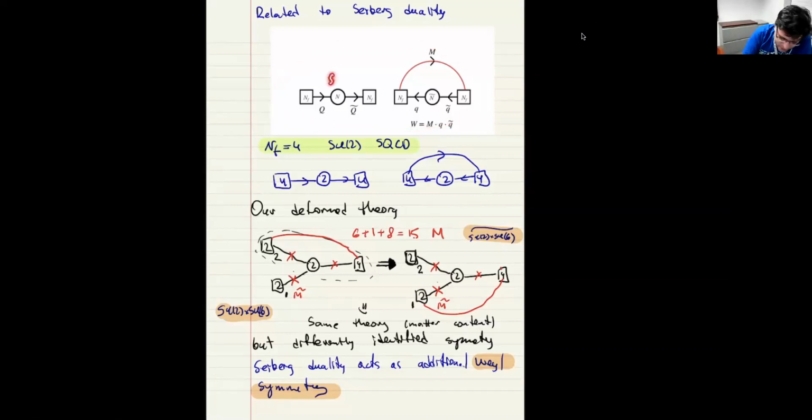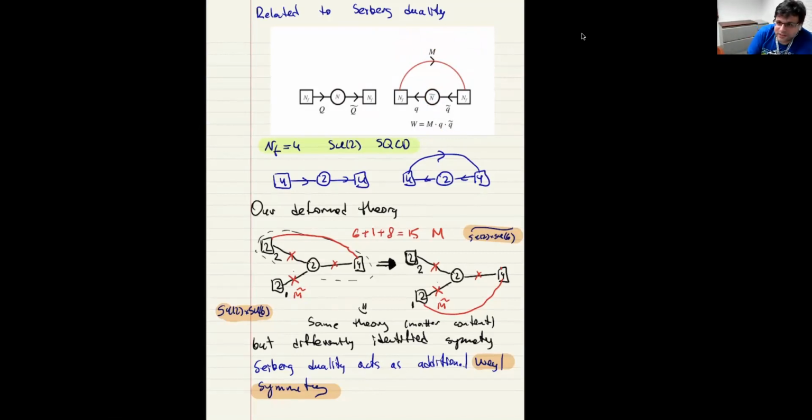You have an SU(N) SQCD with F flavors, and it is conjectured to be dual to SQCD with a different number of flavors, where N tilde is equal to F minus N. We introduce gauge singlet fields M and couple them through this superpotential. This is some physics which was discovered 25 years ago.